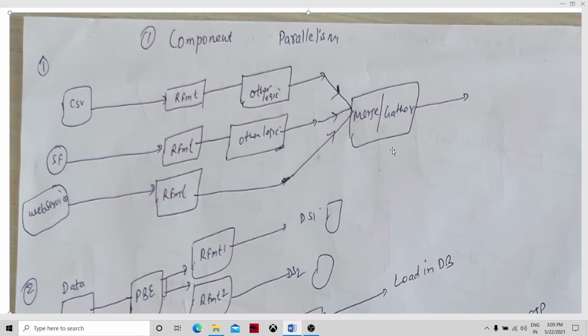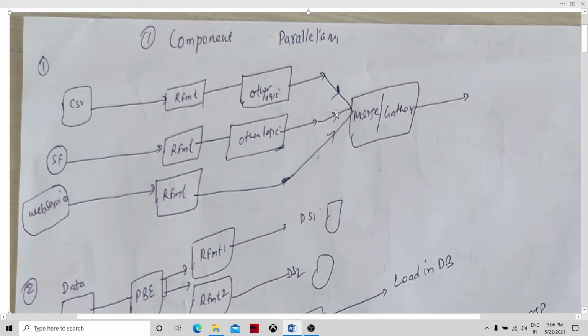Maybe this revenue data is being received from different sources, and we need to process it before merging. So the CSV component, then reformat and other processing, runs parallelly with Salesforce, reformat and other logic, and also with web services and reformat. These three branches run in parallel and in an isolated way, up till the merge component.